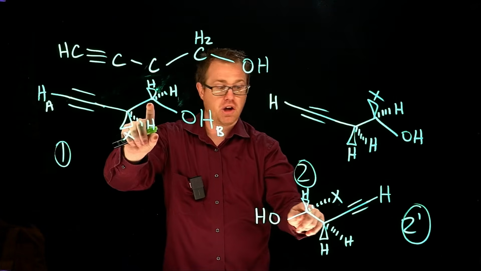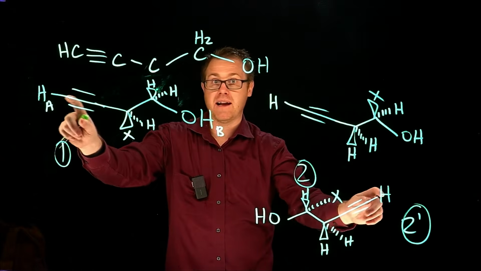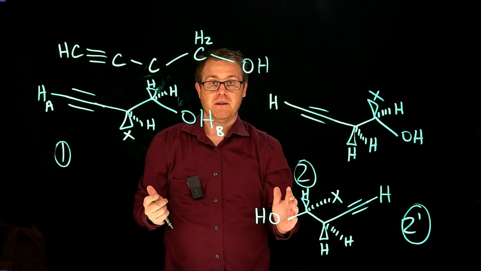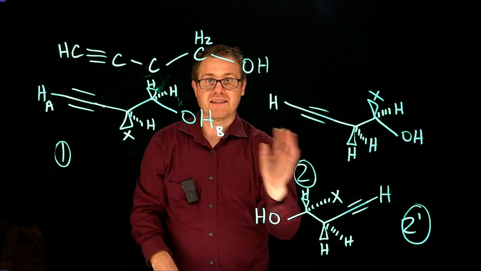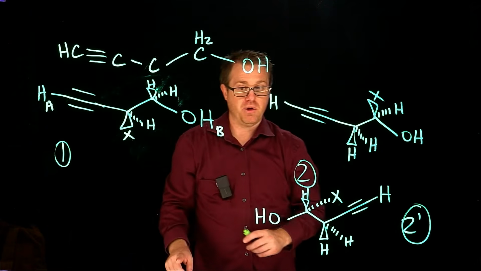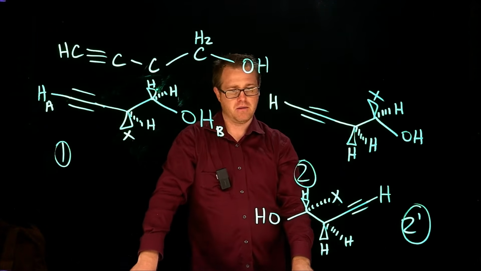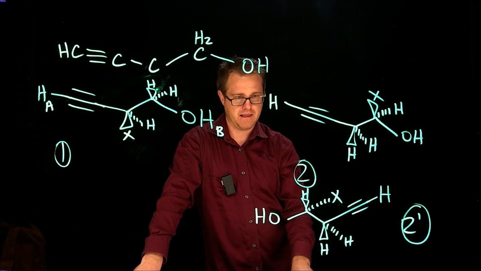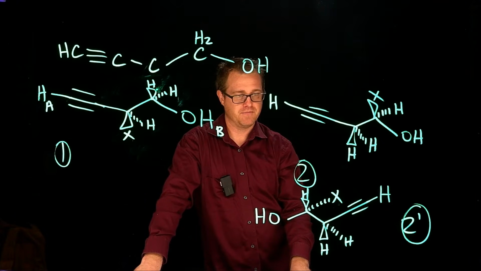The oxygen, the carbon, everything aligns up. It's a mirror image when you ignore the X's. But when you don't ignore, wait, let's see. I take that back. They're not mirror images of one another.